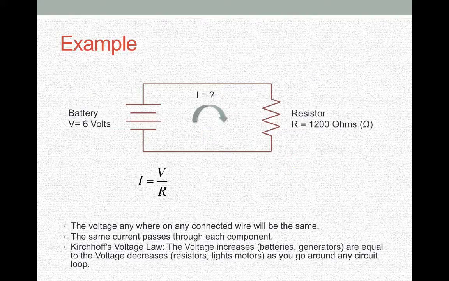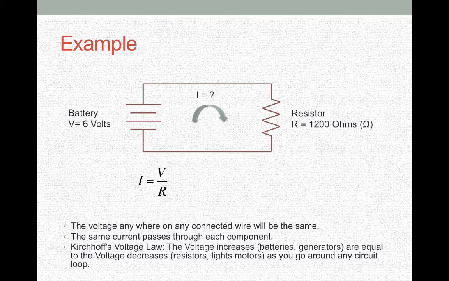So let's go over an example. We're going to calculate the current in this circuit. We know that the battery is supplying a potential of 6 volts, and we know that the resistor has a resistance of 1200 ohms. So you are going to use Ohm's law to figure out what the current is.